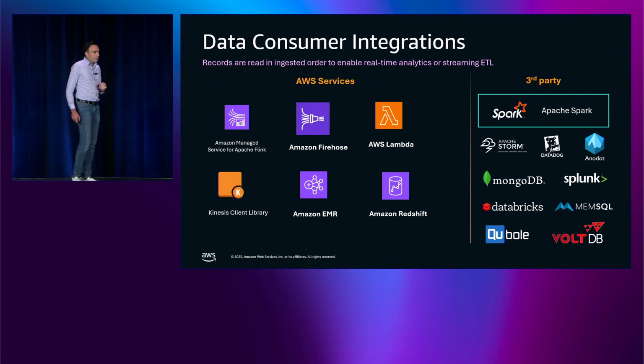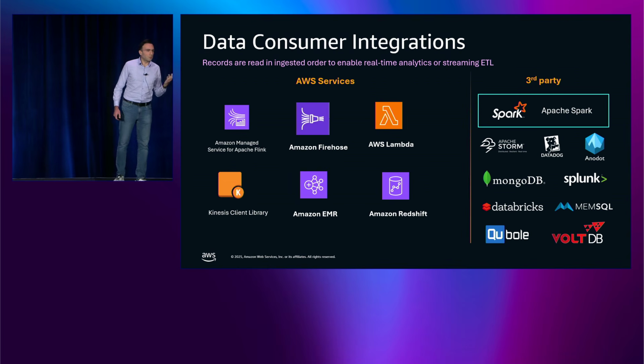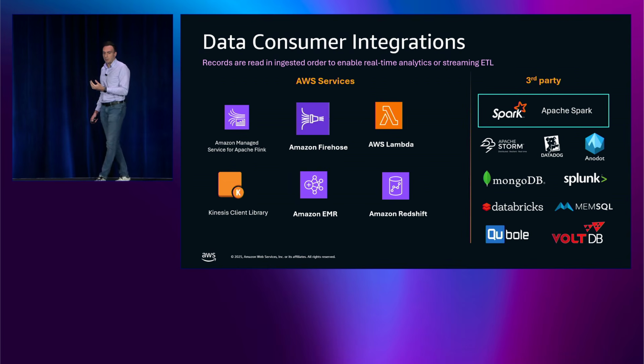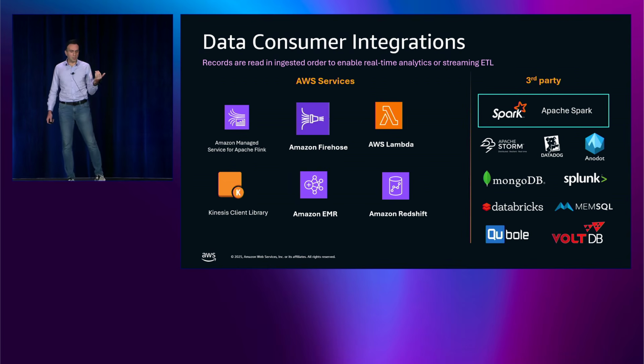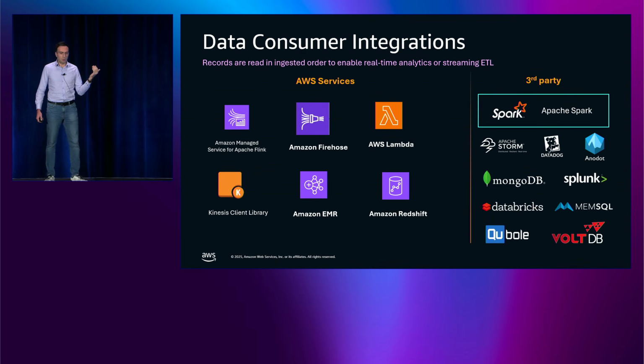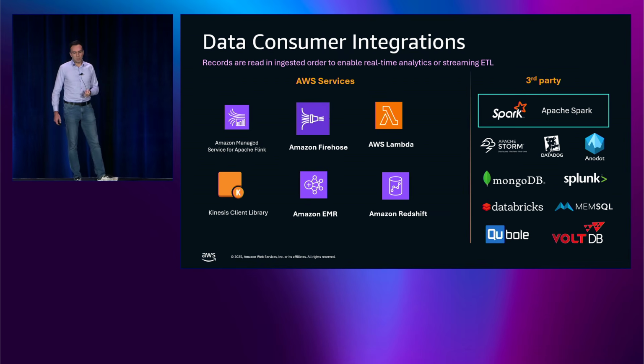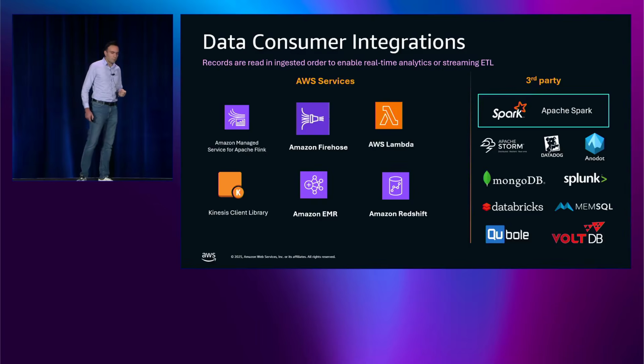If you're using any of these native services or third-party applications, there is an integration already there between Kinesis Data Stream and these applications. Because of that native integration, you don't have to write any code. As soon as the data lands in a Kinesis Data Stream, you can consume it using any of these services or third parties.